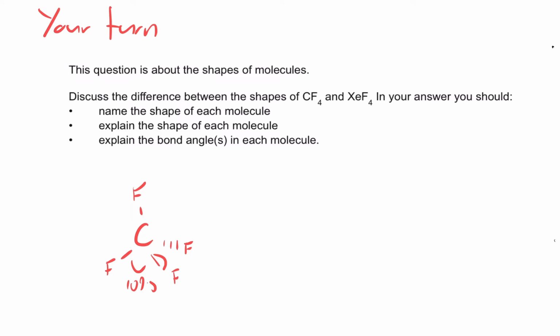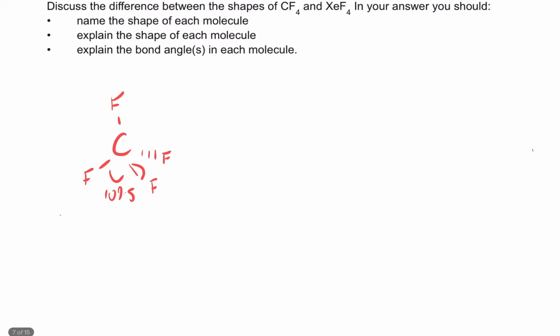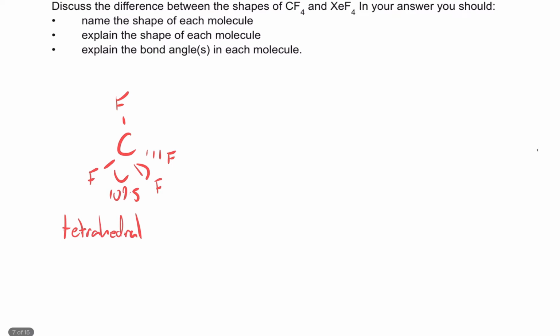Bond angle of 109.5, tetrahedral. What's our explanation? We've got 4 bonded pairs of electrons, repel as far as possible.